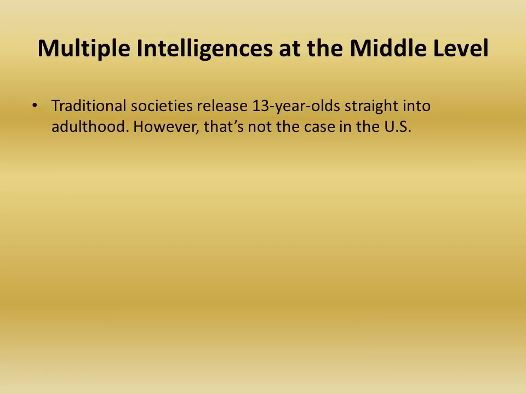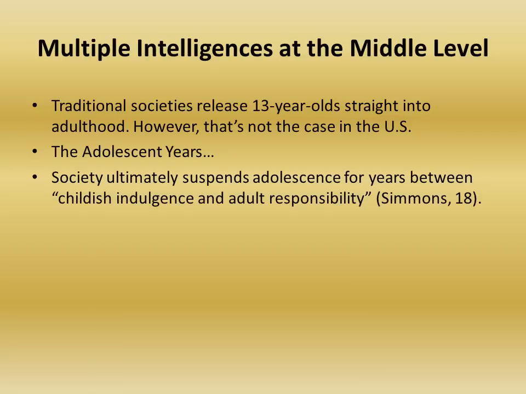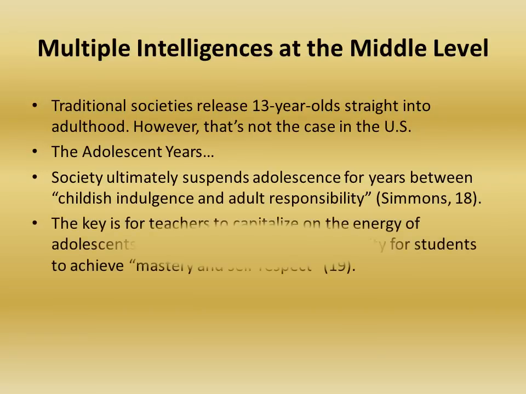However, in the United States, that's really not the case, leading us into the always confusing adolescent years where kids are trying to figure out who they are, what their interests are, where they're headed, you name it, they're in limbo. In our society, we ultimately suspend adolescence for years between what Simmons terms childish indulgence and adult responsibility.